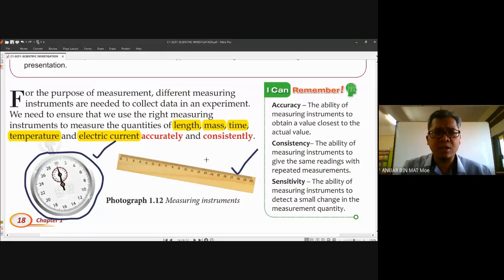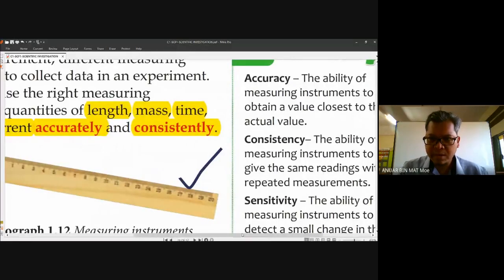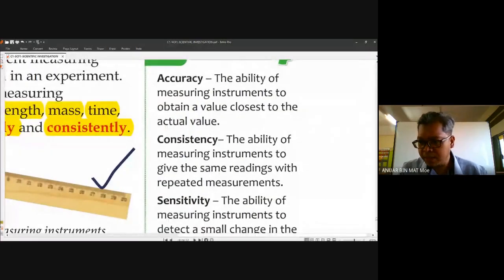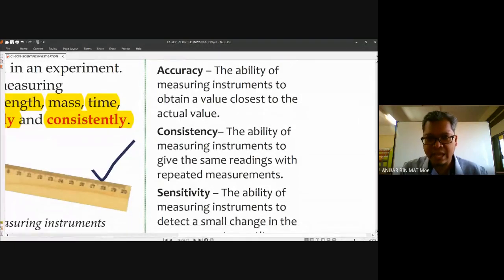Of course, you want to take the measurement, right? But most importantly here, measurement must be taken accurately and consistently. Okay, we go one by one. What is the meaning of accuracy? What is the meaning of consistency and sensitivity here?